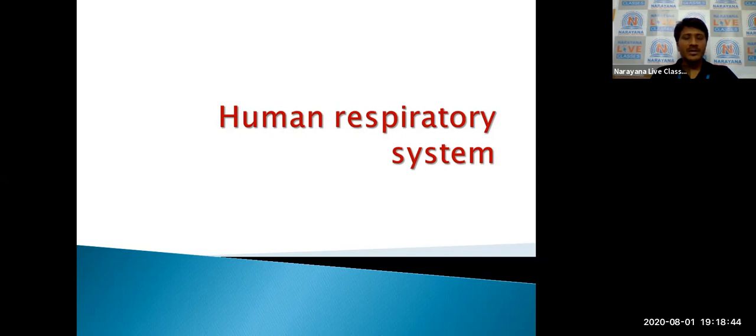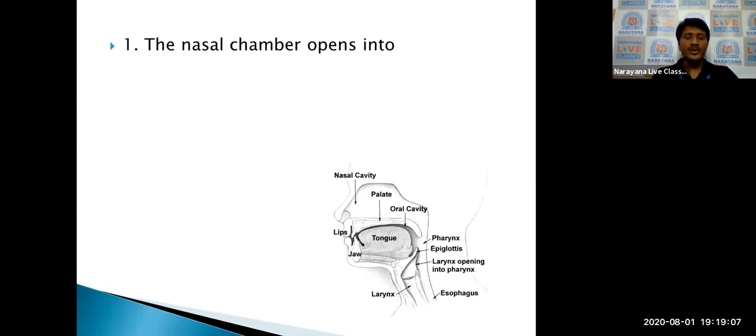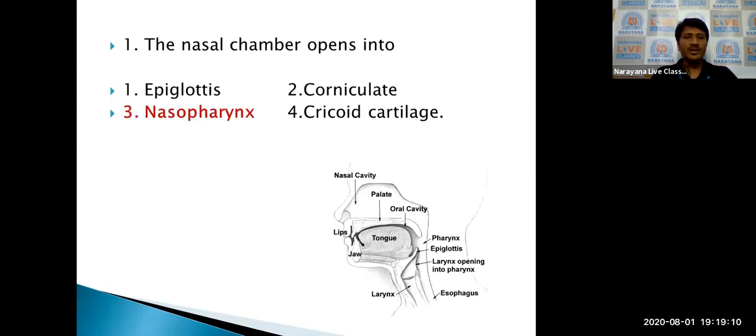Nostrils are followed by the nasal passage, then the nasal chamber, then the nasopharynx. The first question: the nasal chamber opens into the nasopharynx. So the nostrils, nasal passage, and nasal chamber open into the nasopharynx. The nasopharynx opens into the trachea through the larynx.